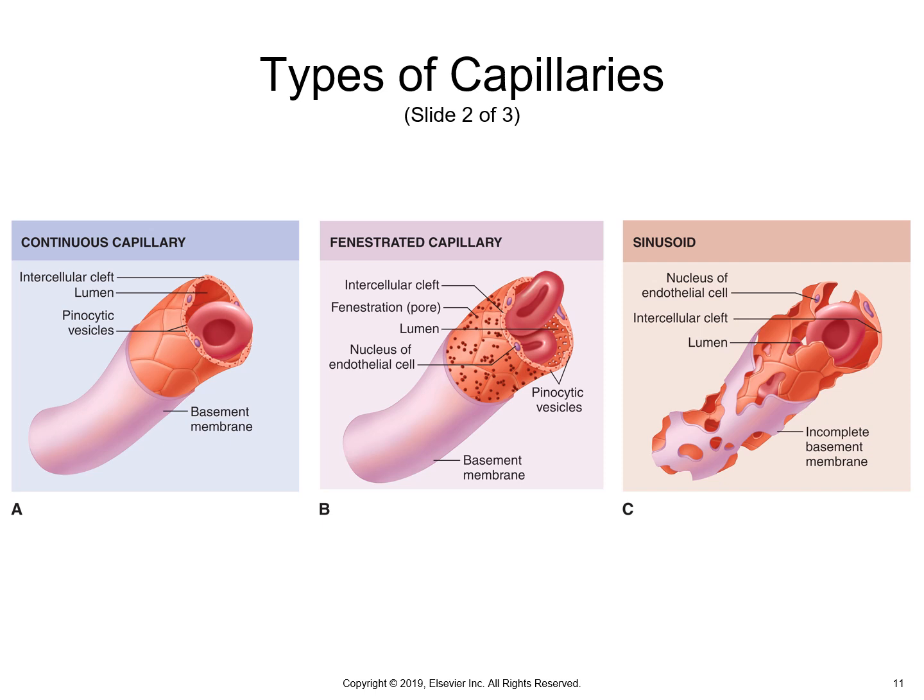And then the last one, in figure C, this is the most porous type, the discontinuous or the sinusoids. It's found in organs like our liver, the spleen, and also bone marrow, where large substances like proteins and blood cells need to pass through between the blood and the surrounding tissue.